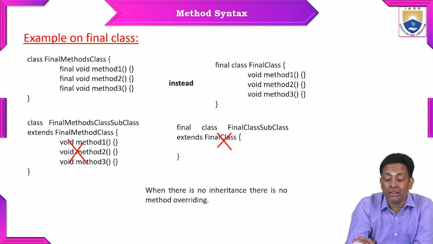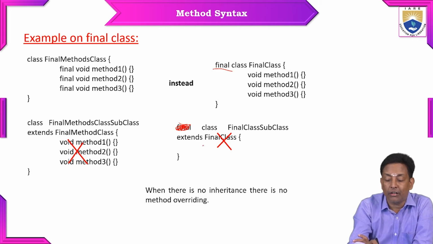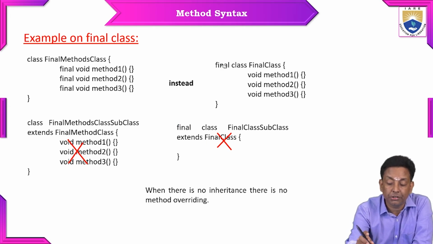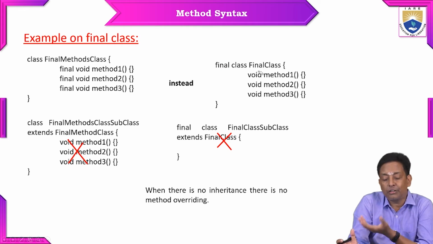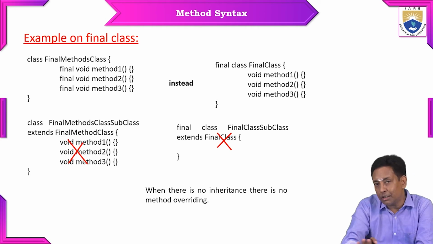The subclass need not be final. If any class tries to extend from a final class, immediately we'll get a compilation error saying that final classes cannot be derived. Finish. When there is no inheritance, there is no overriding. So this is about final class and final method.